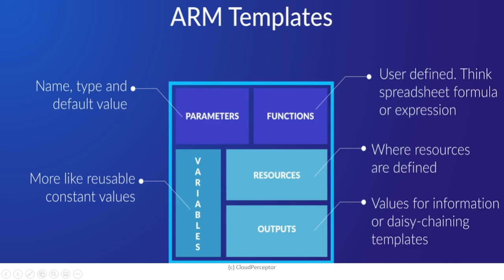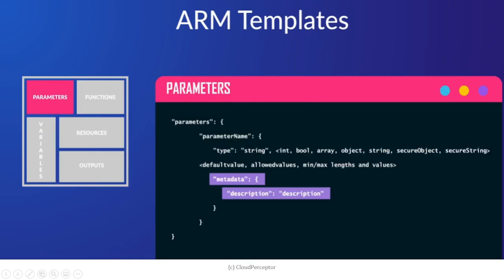Variables are more like reusable constant values. Resources are where resources are defined. Outputs are for values or information, or daisy chaining templates. Let's say I have multiple templates, and the other template is dependent on the value outputted from the first template, then you can chain multiple templates using the output.